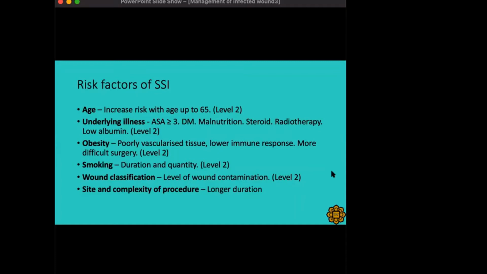Smoking, duration and quantity, wound classification, level of wound contamination, and then site and complexity of procedure. The longer the duration, the higher the risk of SSI.